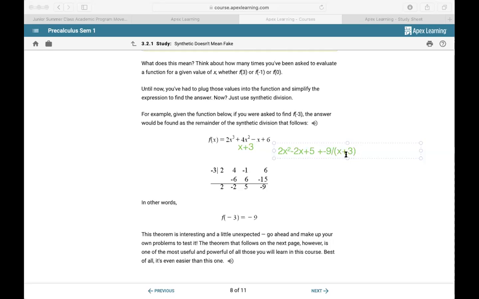So I guess I should say -9 over x plus 3. And then when we look at f of -3, it also equals -9.